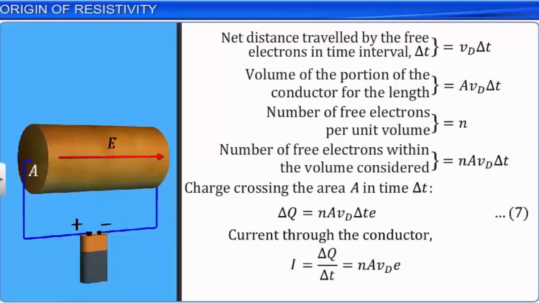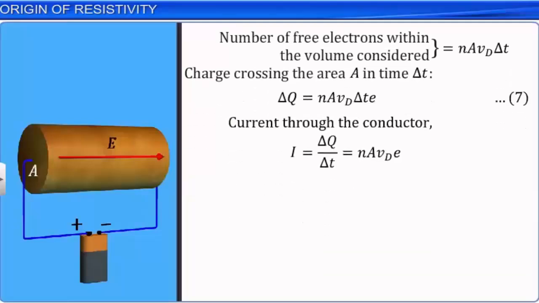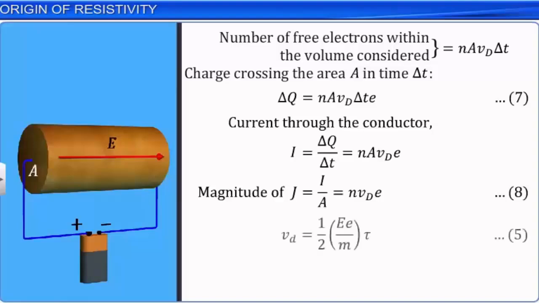Hence, the magnitude of the current density, J, which is equal to I by A, can now be written as equal to n Vd e. Let this be equation 8. Substituting the value of Vd from equation 5 in equation 8 and simplifying, we get the magnitude of current density, J is equal to n e square tau by 2m into E.